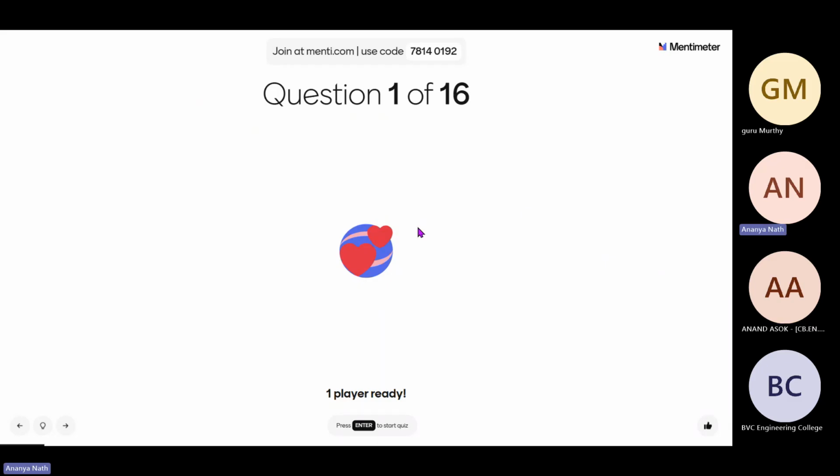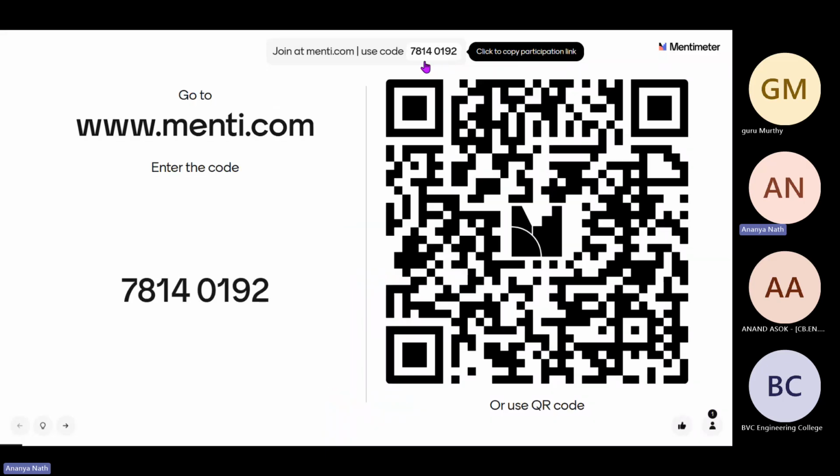Okay. Yeah, so you can go to menti.com in Google and then use this code to join. Or you can directly scan this QR code. I will request all of you to join.